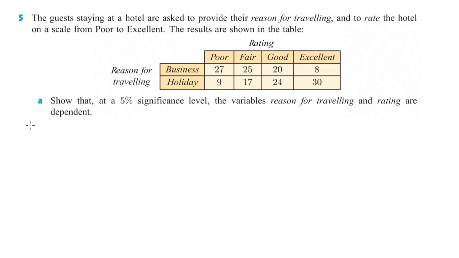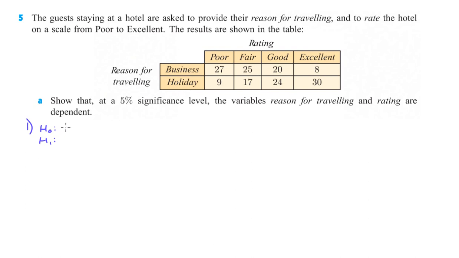Okay, so we're going to want to do our test here. So step 1 is setting up our null hypothesis and our alternate hypothesis, right? So null hypothesis, the reason for traveling and the rating are independent, right? Because it's business versus holiday.